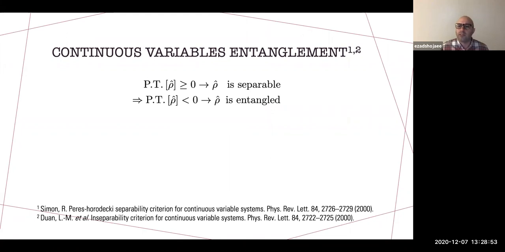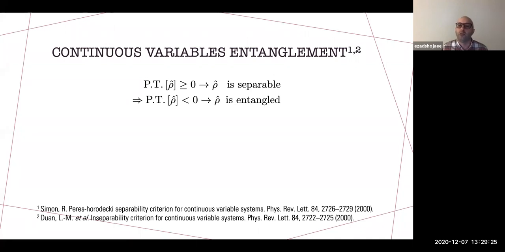Before going to the results, let me tell you how we actually witness this entanglement among these modes. Remember the Peres-Horodecki criteria for witnessing entanglement: if you do partial transposition on a quantum state, and if you end up with a state that is a legitimate quantum state, which is positive, so if the partial transpose of your state becomes positive, then the initial state was separable.